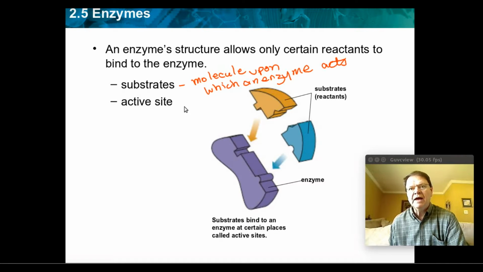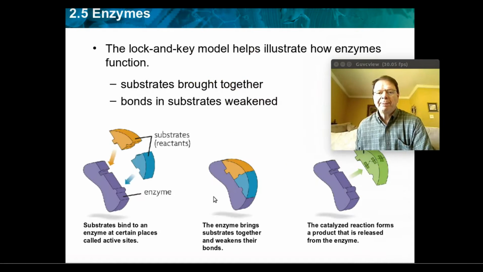You can see the active site illustrated here by these notches in this illustration. There's an active site for this reactant that's in the gold, and the active site for this particular reactant is in the blue here. And you can see they're specific to the shape of those reactants. And so they fit together like a lock and key.